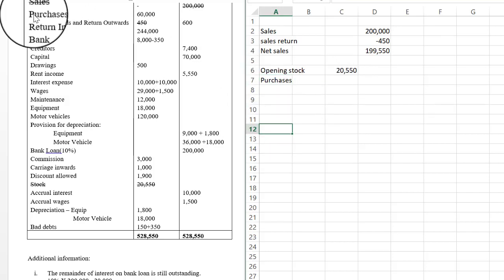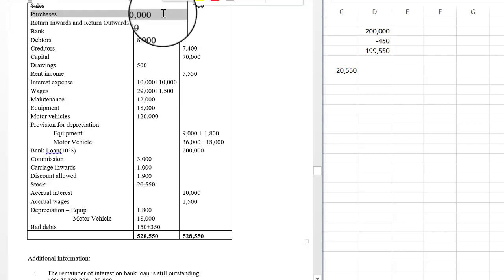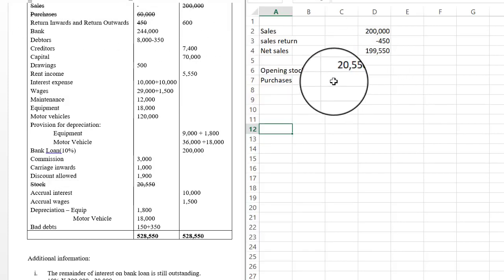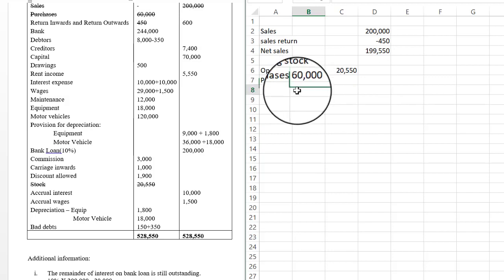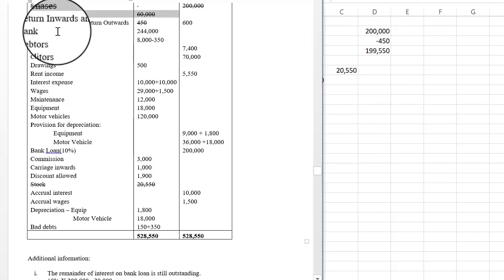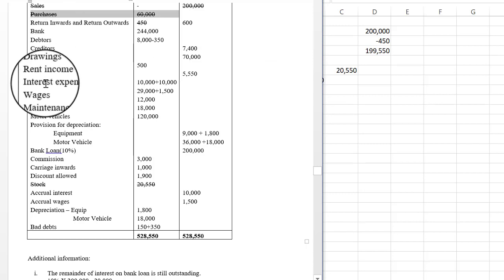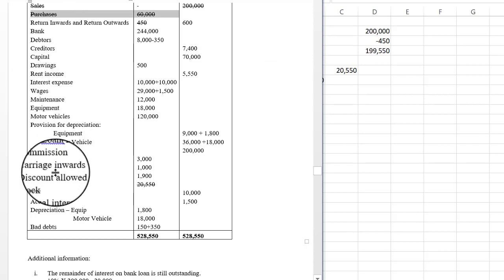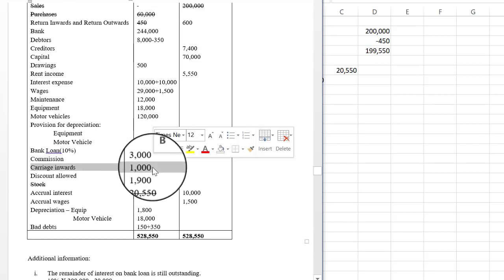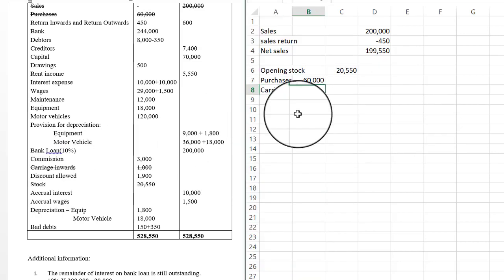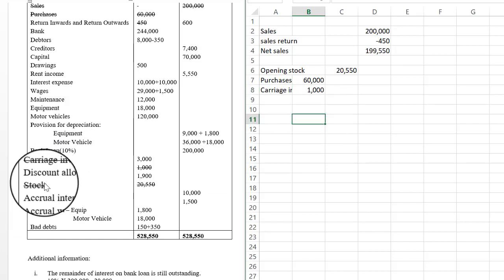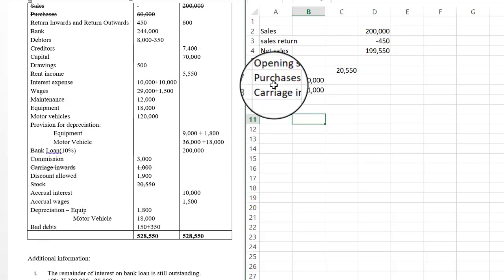Now, plus your purchases for the current year, 60,000. Check if you have any other information that you need to put on your purchases, carriage inward for example, 1,000. So here you have your carriage inward of 1,000. If you have nothing else, look here for any return.